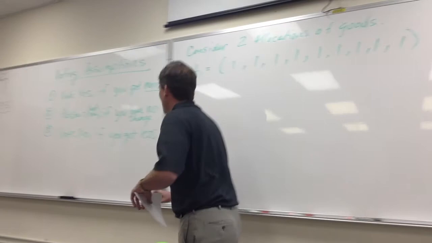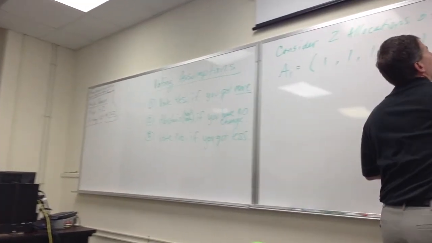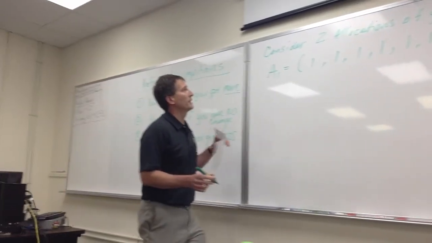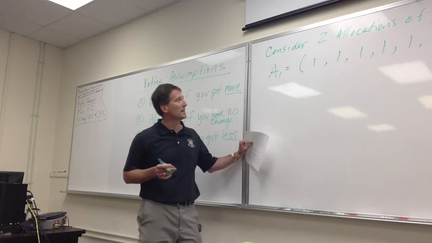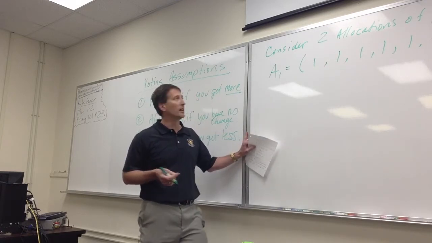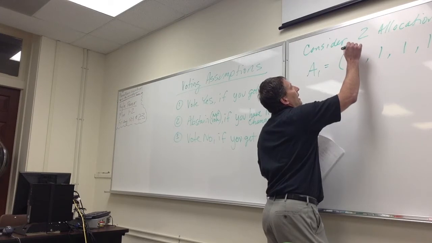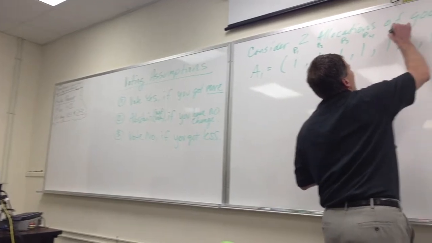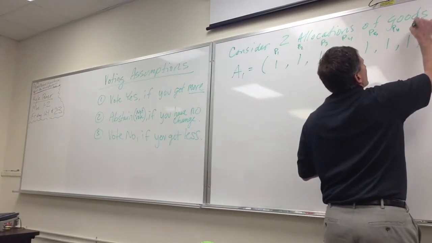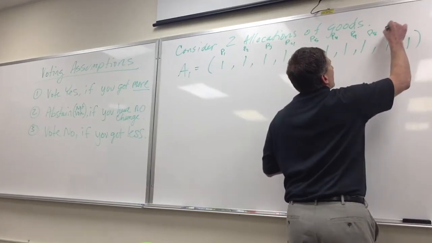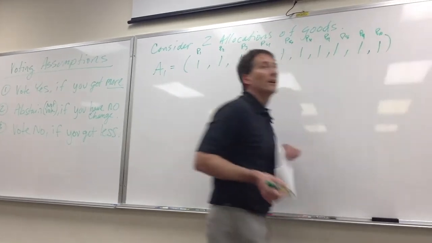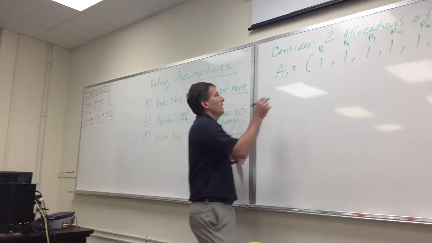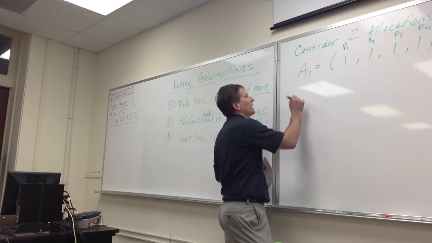Oh, short one. 10. So this vector here represents an allocation of goods. You can think about this being person 1, person 2, person 3, person 4, person 5, person 6, person 7, person 8, person 9, and person 10.